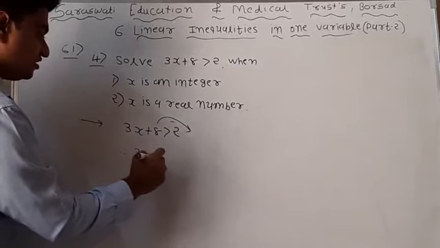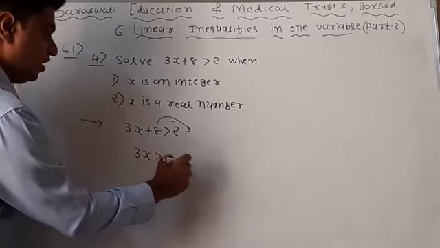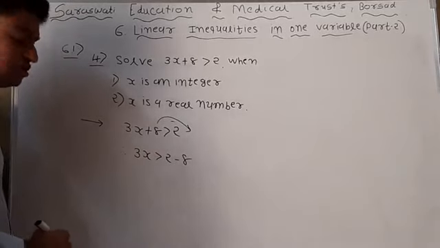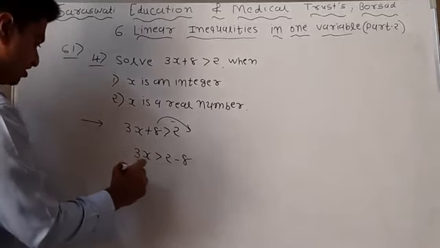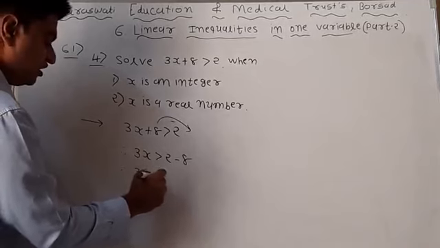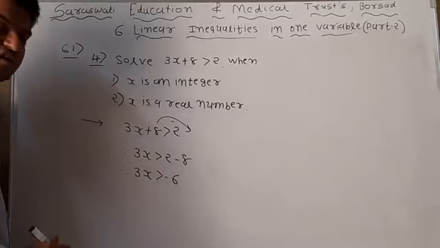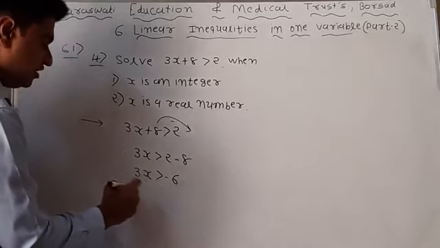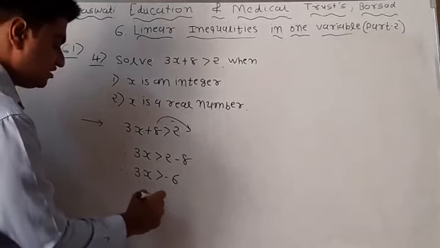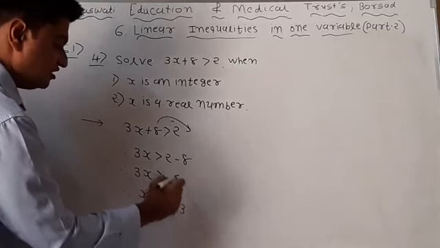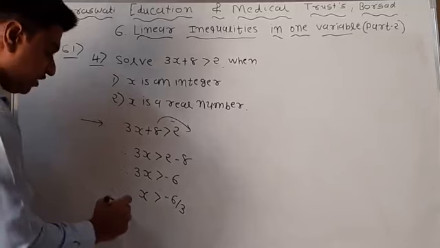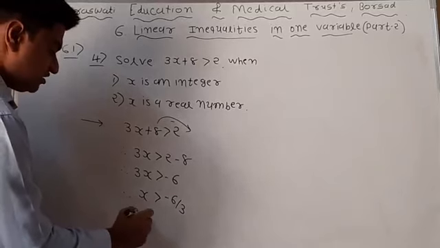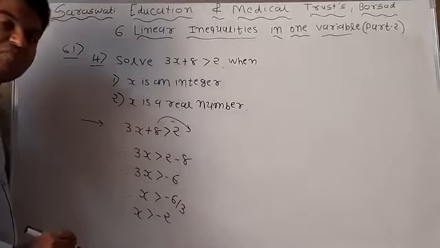Therefore 3x greater than minus 8, so therefore 3x greater than minus 6. Now divide by 3. So therefore x greater than minus 6 divided by 3. So therefore x greater than minus 2.